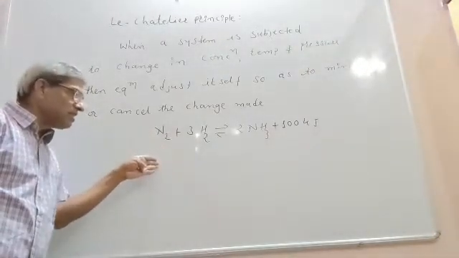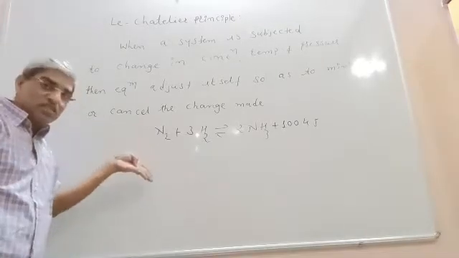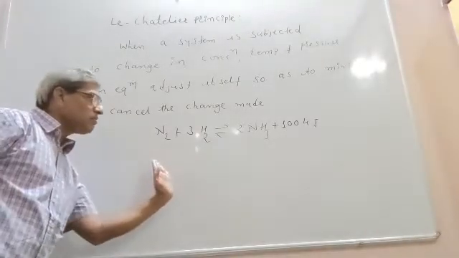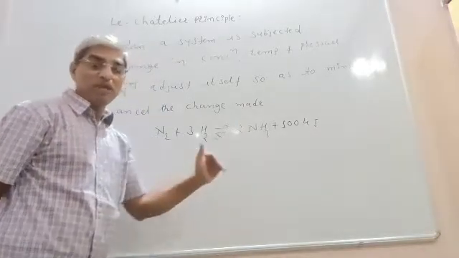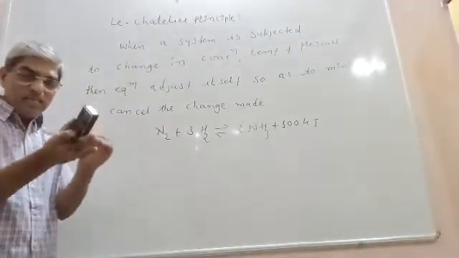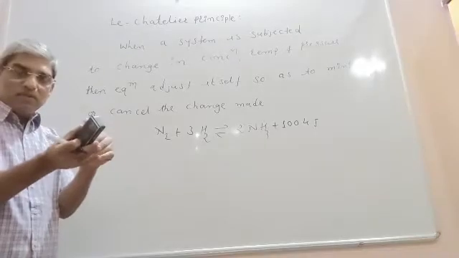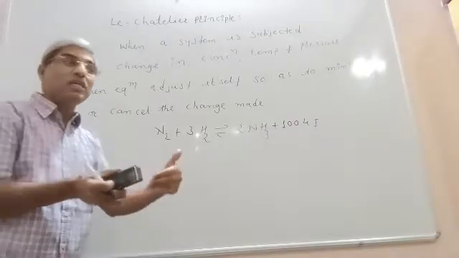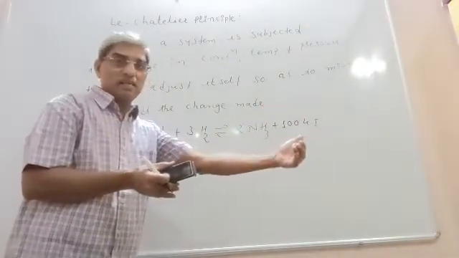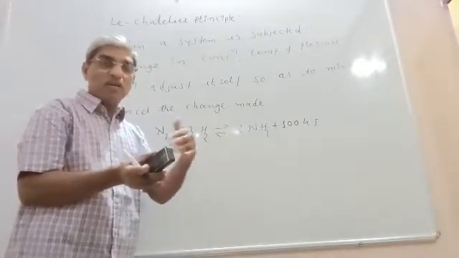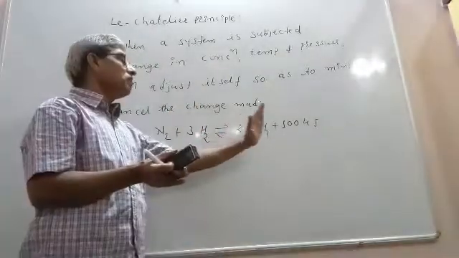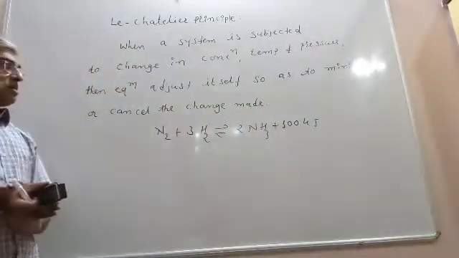The temperature is decreased, then equilibrium will shift towards product, means ammonia. That change in temperature is used to shift the equilibrium towards the right hand side. The change in temperature is minimized, cancelled or nullified to shift the equilibrium towards the product side.